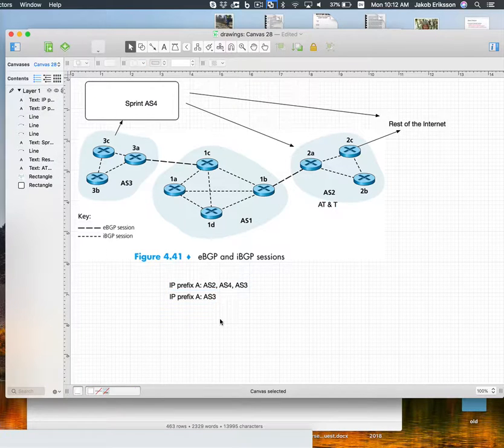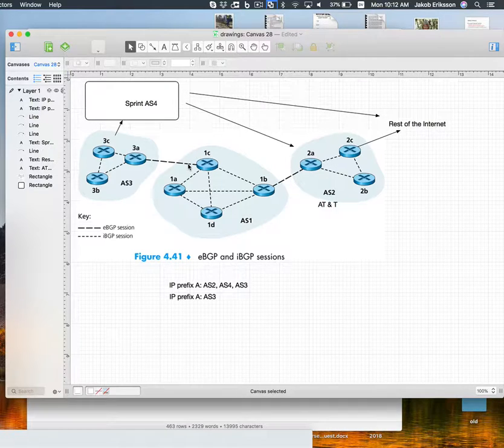So now how do we choose? This could be a very slow link. This could be very fast. On the other hand, this could be a very cheap link. Maybe it's free. And this could be, well, usually not very expensive, but it could be quite expensive. Or this could be very expensive. It could be a satellite link, let's say, very slow and also, in terms of money, very expensive.